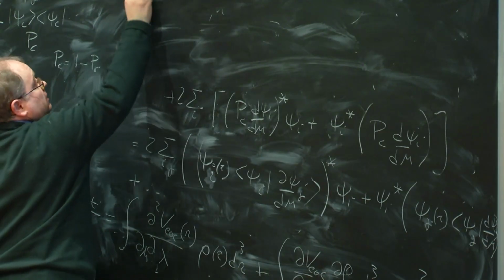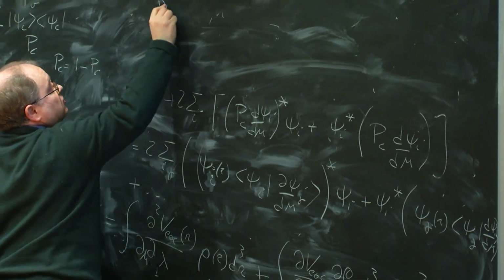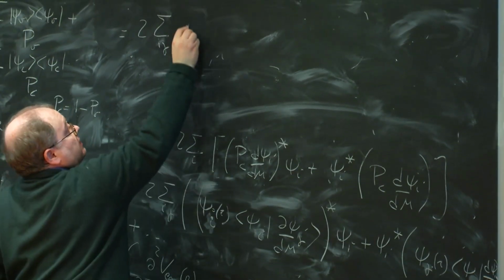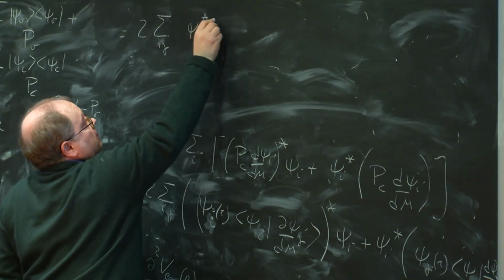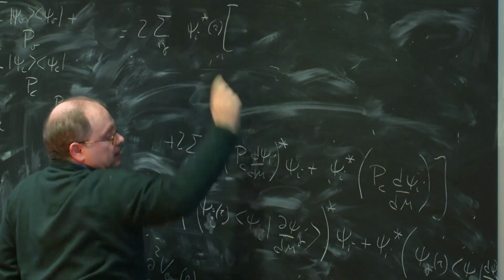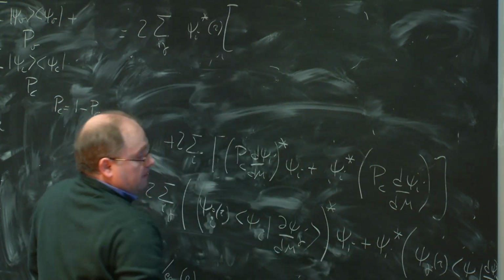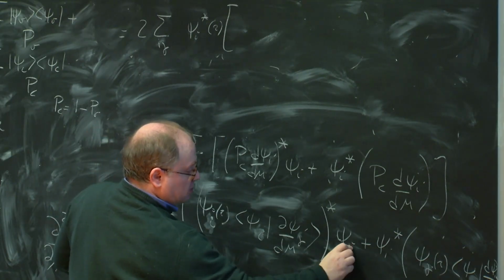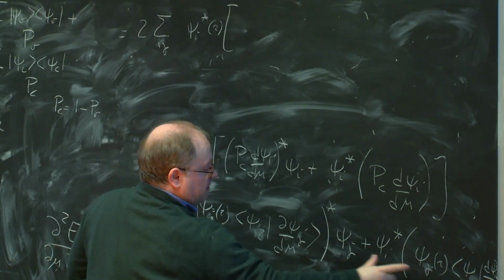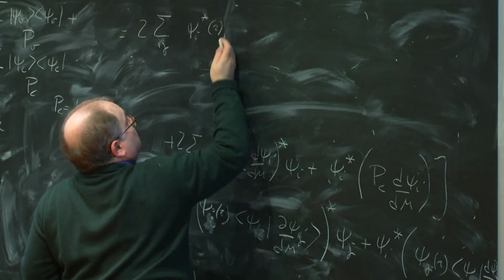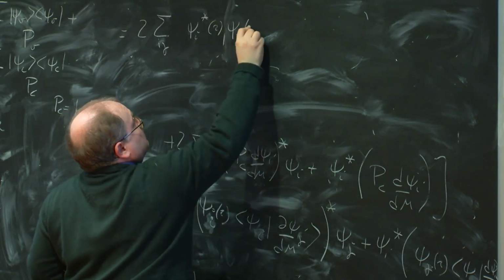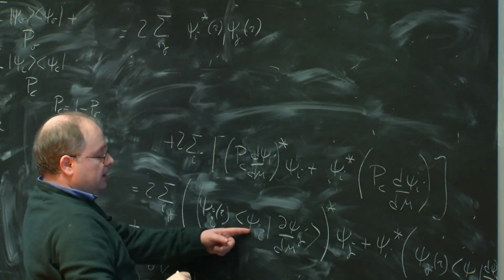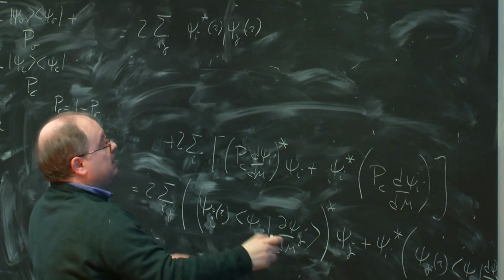So this is equal to twice the sum over E and J. I have a Psi complex conjugate of R that I have also here. Here I change E and J, so this is a J. So then I have a Psi J of R that I can put outside, and here I have the complex conjugate of this.